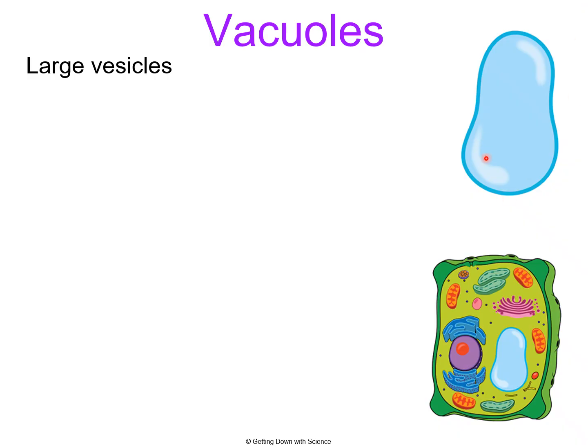They are the largest organelles in plant cells, and they are described as central vacuoles. If you're given a picture of a plant cell and an animal cell that is not labeled, a key thing is to look for the vacuole and compare its size to the nucleus. If the vacuole is larger than the nucleus, then that is a plant cell.